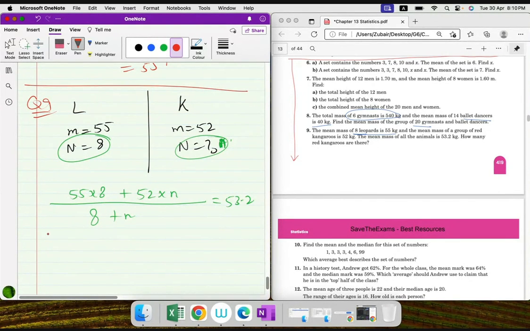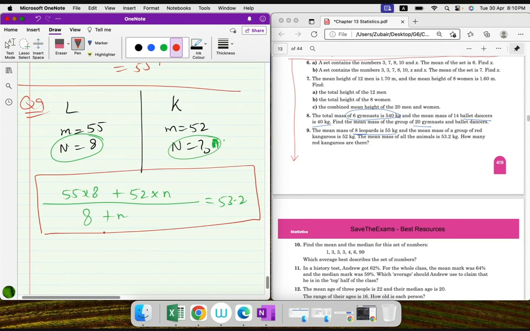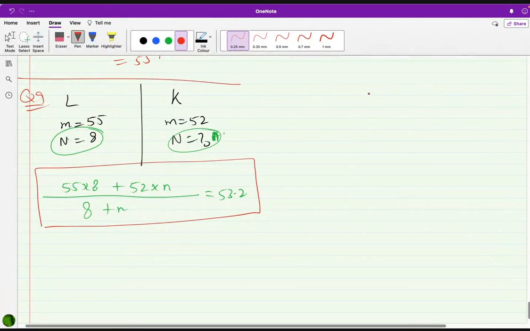Before we move on, try to understand this rectangle. We are individually talking about two different groups, leopards and kangaroos. The formula is mean equals total mass, that is the sum, over the number. For the leopards, the mean was 55, the total was unknown and there were 8 leopards.